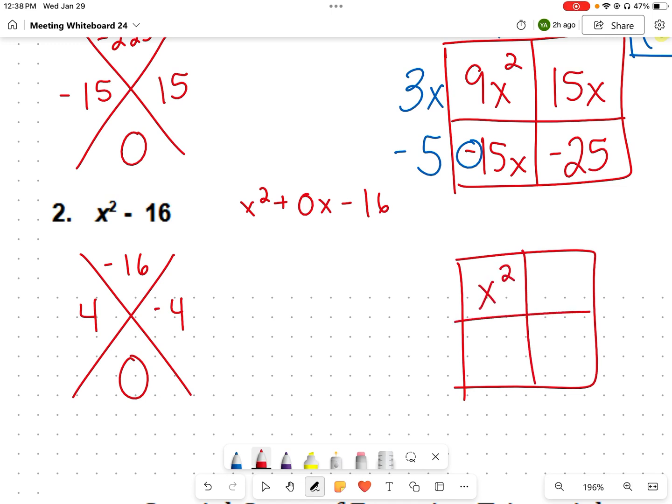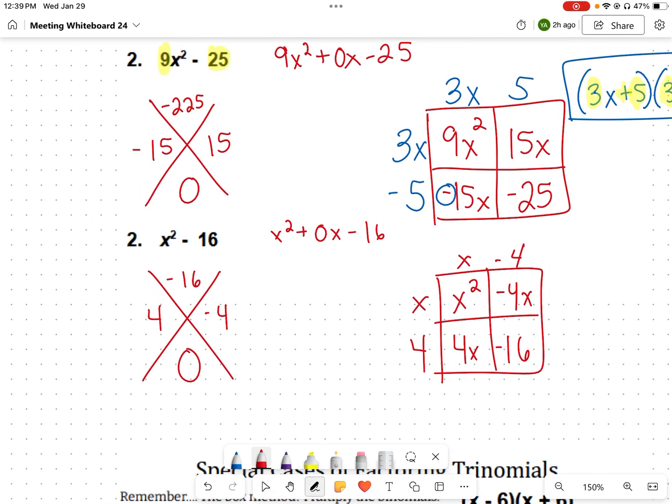This is x squared minus 16, or negative 16. And then your diagonals are 4x and negative 4x. So it's x times x to get x squared, and then x times negative 4 to get negative 4x, and x times 4 to get positive 4x.